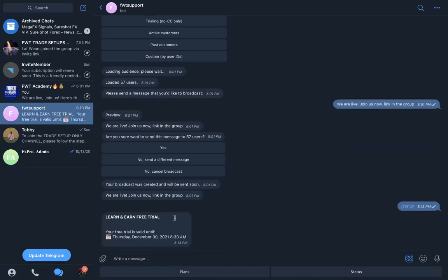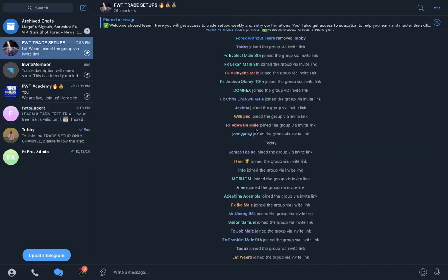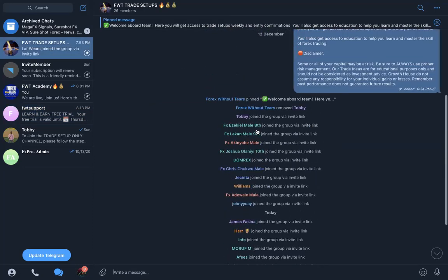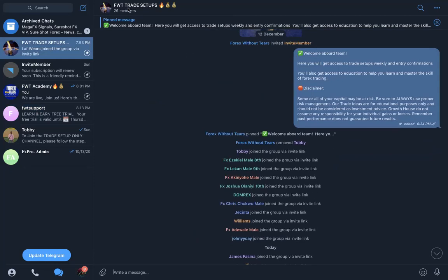Because I'm the admin, it's not showing me this, but you click on /status. Then once you do that, it's going to give you the option to join the group. So you see a button to join FWT trade setups group. So that's what you need to do. And as you can see, we have some people here that have joined already since yesterday. So you want to be in this FWT trade setups group. All right, so ensure you do that in the course of the week or today.